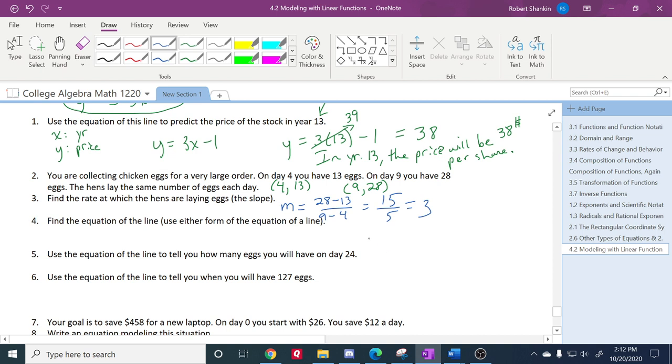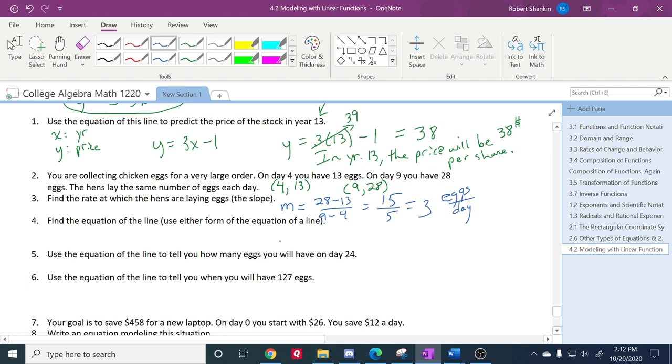And we can write down the units of this. If these were eggs and these were days, so it's eggs per day. So that chicken that you have is laying 3 eggs every day.